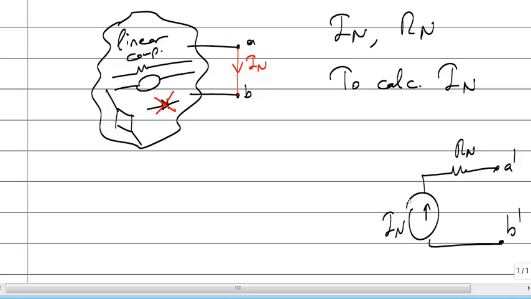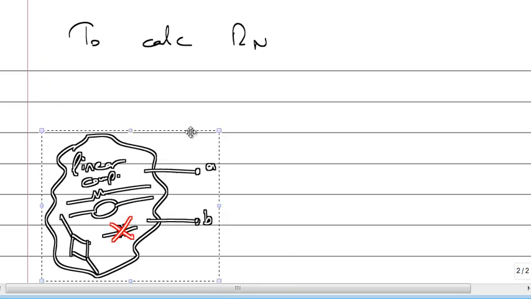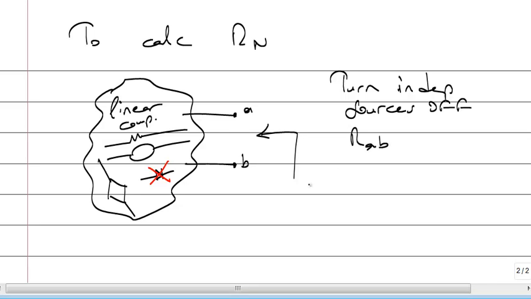Similarly, to calculate R Norton is very easy. To calculate R Norton, what you should do is this: turn independent sources off and measure the resistance between points A and B. Okay, that's the R Norton, and that's the equal value for R Thevenin.